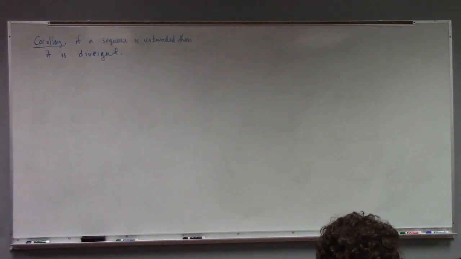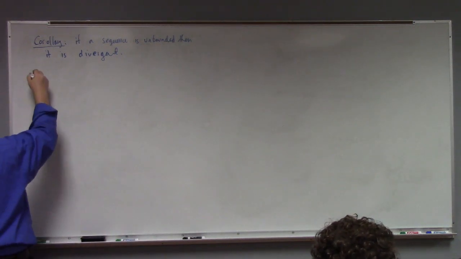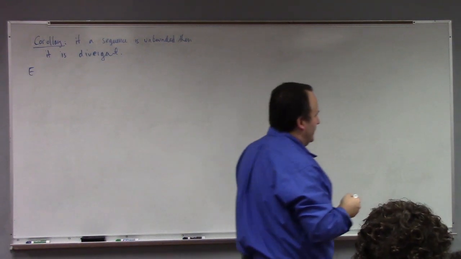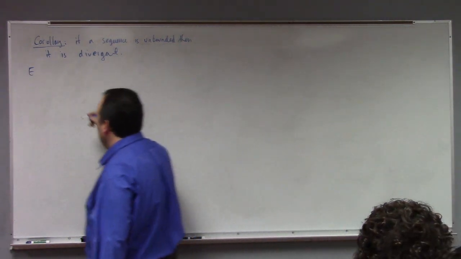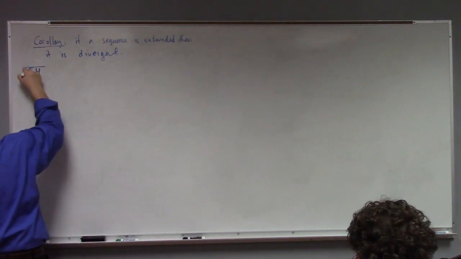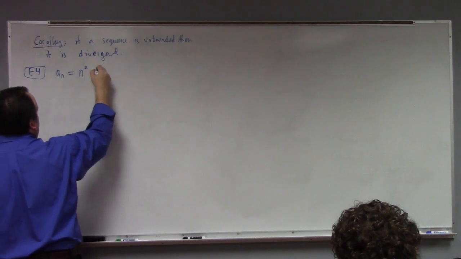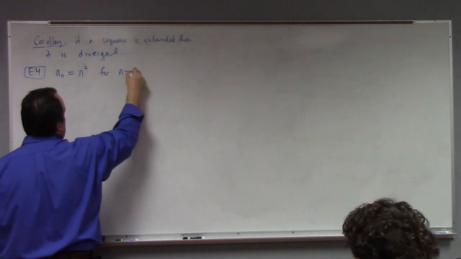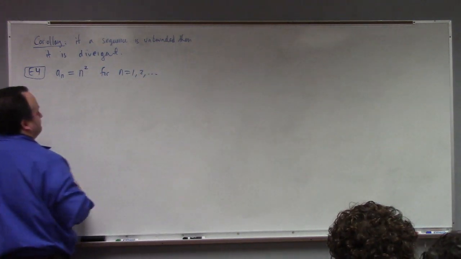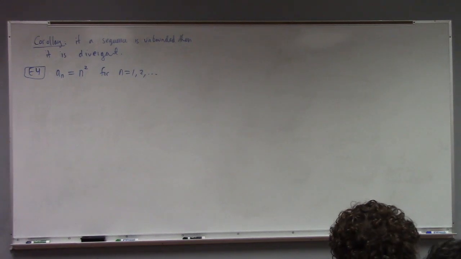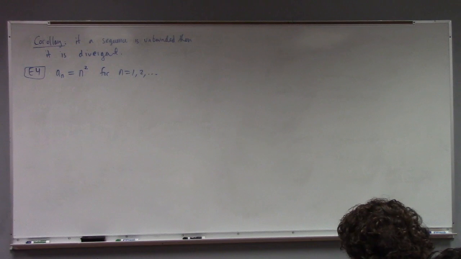So for example, what example am I on? 4. So there are lots of examples of divergent sequences. Here's one, a sub n equals n squared instead of 1 over n, right? This sequence, you can easily prove, is unbounded.